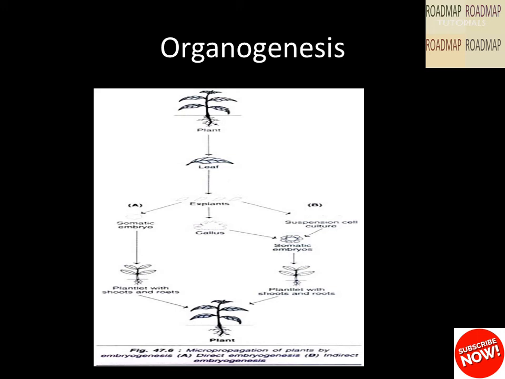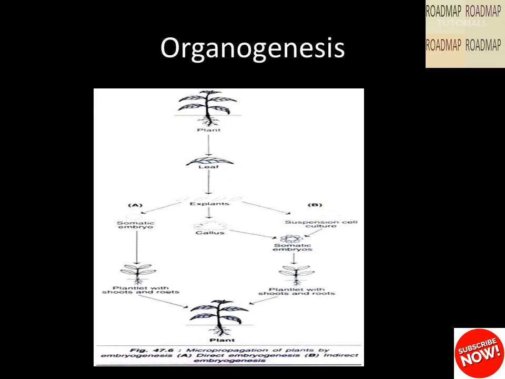Now coming to direct organogenesis, tissues from leaves, stems, roots can be taken and used directly to produce the plant organs. In direct organogenesis, the tissue undergoes morphogenesis without going through a callus or suspension formation.